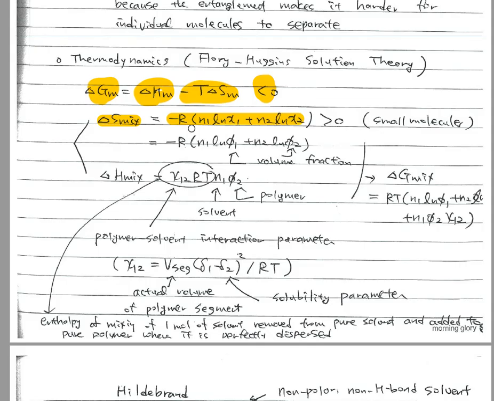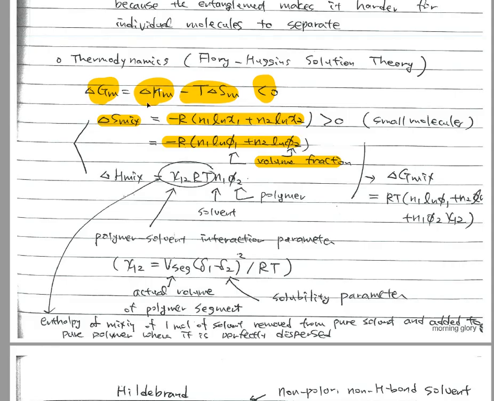And for polymer solutions, the equation for delta G mix is quite similar. It looks like this. We simply replaced x1 and x2, the mole fractions of species 1 and 2, with phi 1 and phi 2, which correspond to the volume fractions of the solvent and the polymer. 1 is solvent and 2 is polymer. So basically, it looks pretty similar.